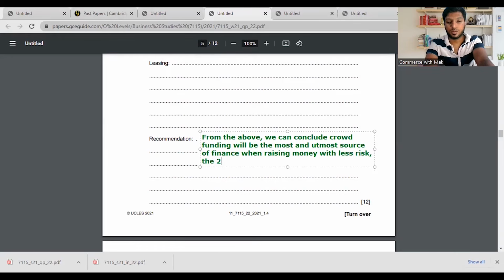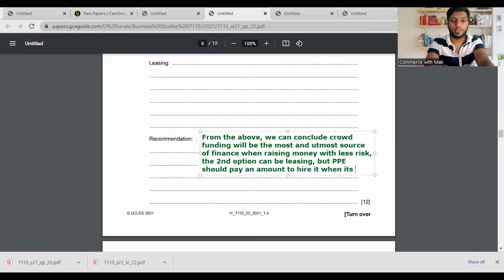The second option can be leasing, but PPE should pay an amount to hire it when it is in need. And going for a bank loan and receiving a bank loan will have high procedures and a high interest rate to follow.